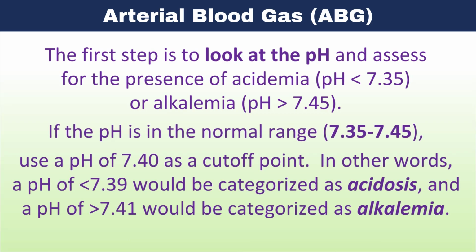If the pH is in the normal range, use a pH of 7.40 as a cutoff point. In other words, categorize a pH of 7.37 as acidosis and a pH of 7.42 as alkalemia. That means if the pH is below 7.4, we consider it as acidosis. If it is above 7.40, we consider it as alkalosis.